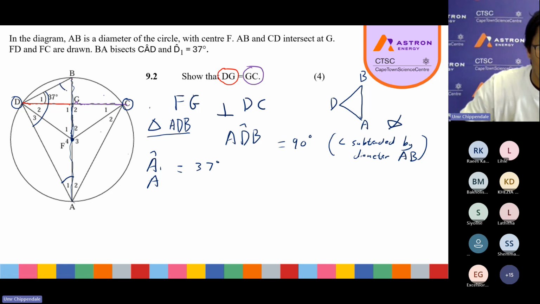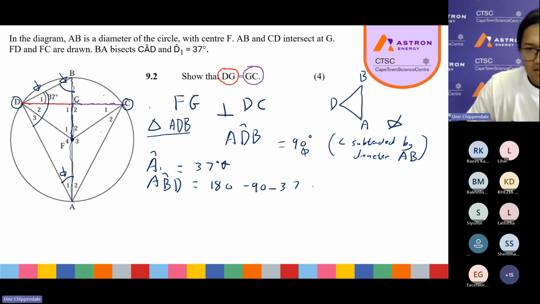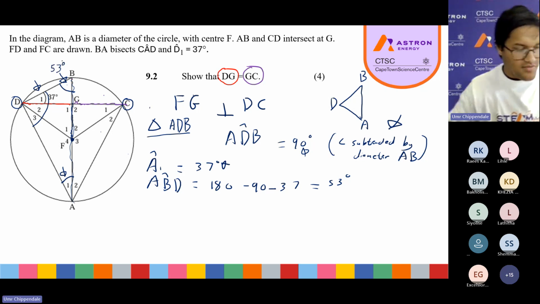So angle ABD is equal to 180 minus 90, because we spoke about it here, minus 37, because we spoke about it here. And that's going to give us a value of 53 degrees. So this value is 53.